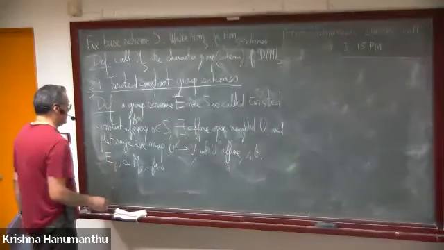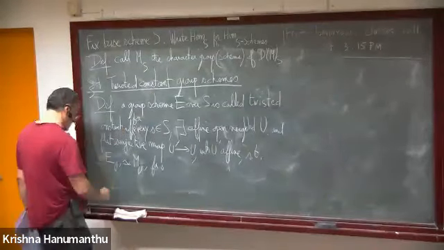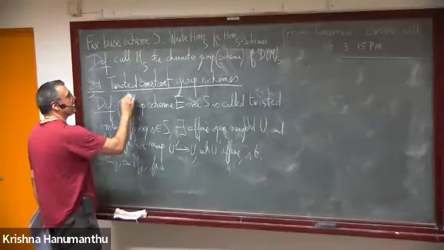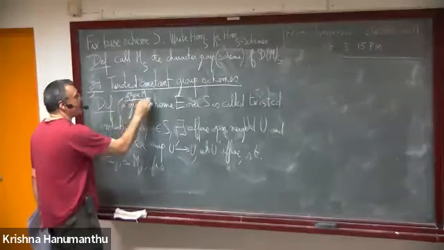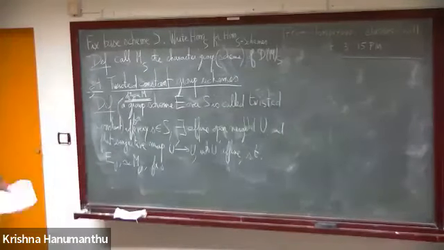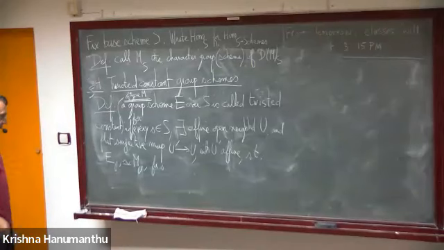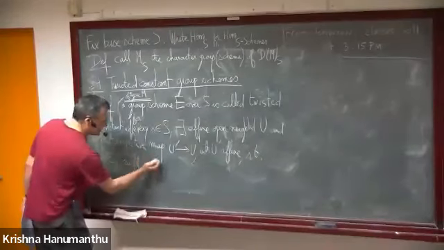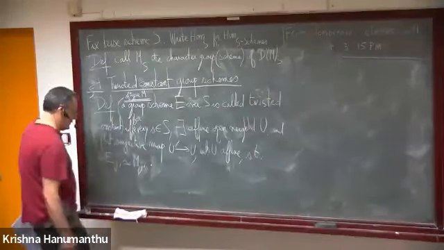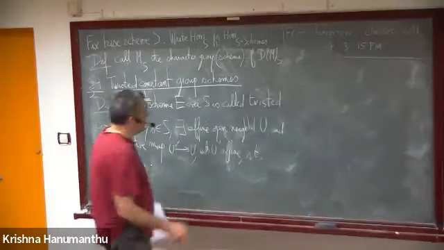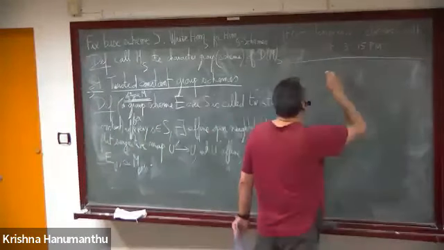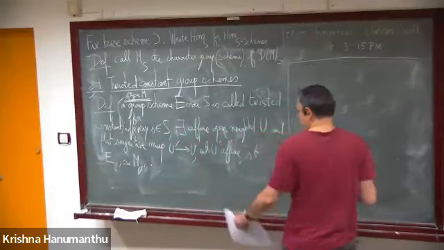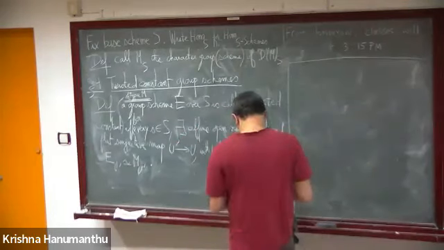Just to play safe, let me say twisted constant of type M. So we fix the type, which is our favorite abelian group. Okay, so this is the definition. So after some faithfully flat base change, it becomes constant.